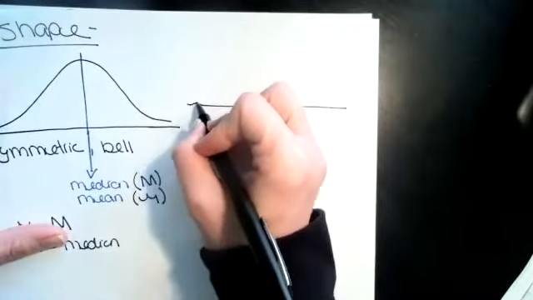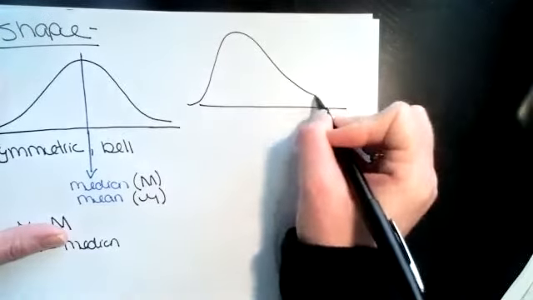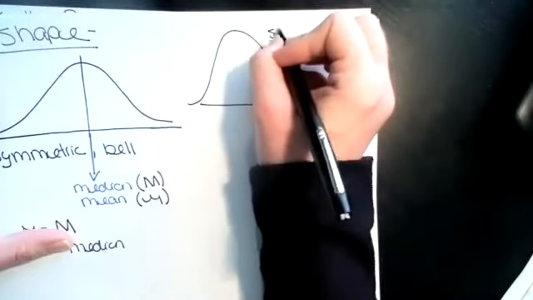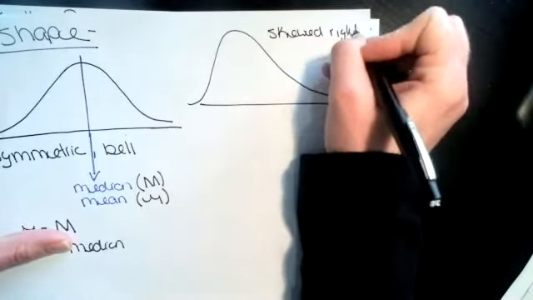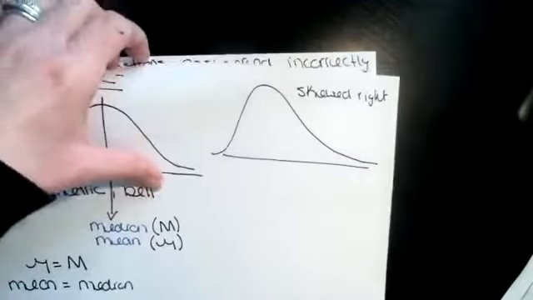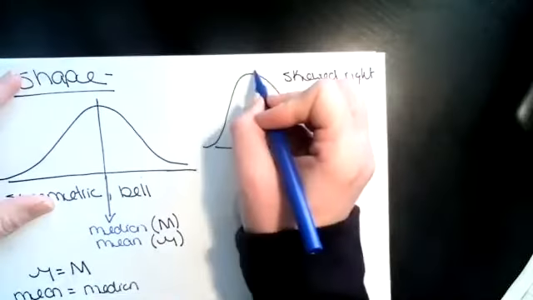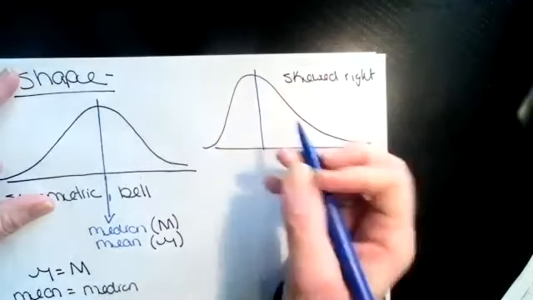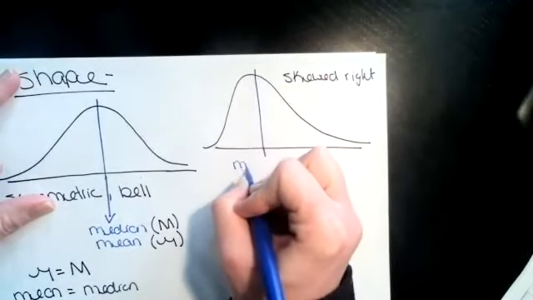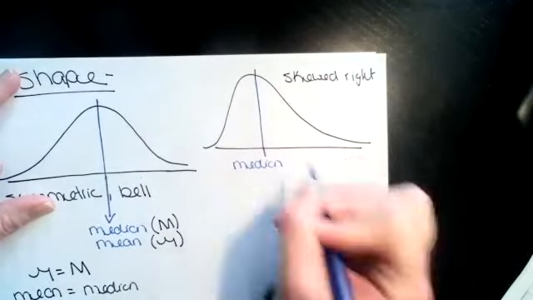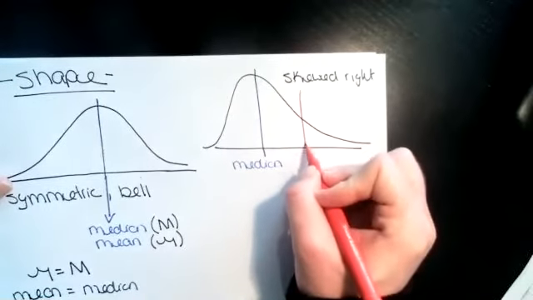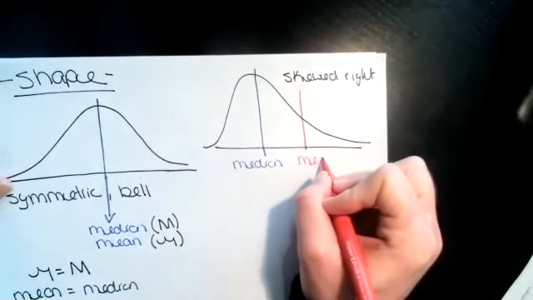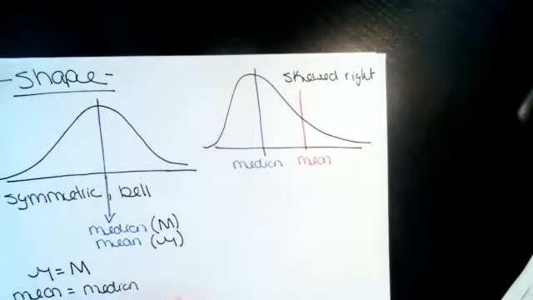So the next one that we talked about was the skewed right distribution. When we have a skewed right distribution, I want you to keep in mind the median is still in the middle. But now my mean gets pulled to the right.